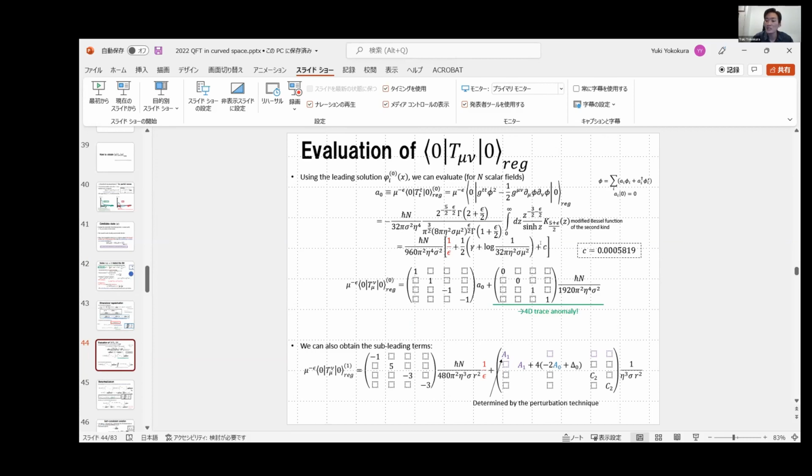And C is determined numerically, but this C is finite and very non-trivial. In this way, it takes very long time and energy, but you can directly calculate each component of the energy momentum tensor in this background geometry. Great, thank you.